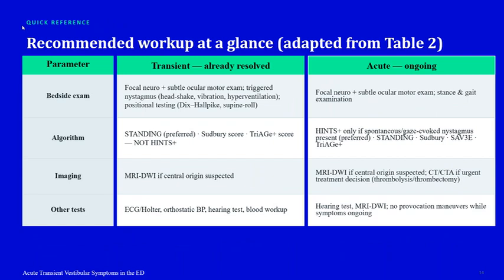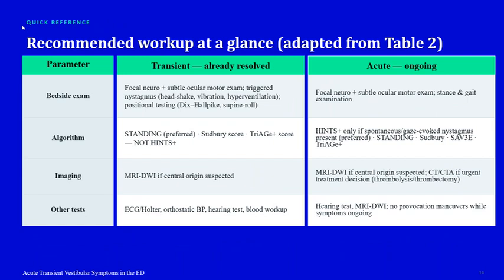The algorithm for the transient already resolved syndrome is STANDING with or without Sudbury or TriAGe scores, but HINTS plus does not apply here. For acute ongoing, the algorithm is HINTS plus only if spontaneous or gaze evoked nystagmus is present. STANDING may be applied with or without Sudbury or the TriAGe scores.